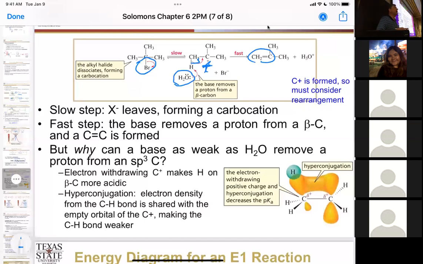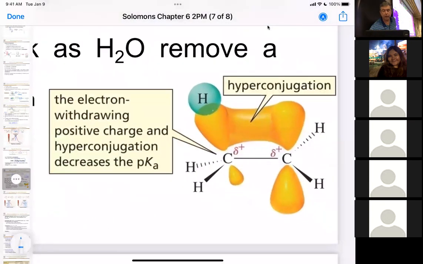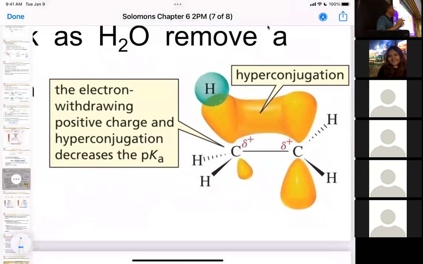When that carbocation forms, that makes the beta hydrogens more acidic, so they can be pulled off with weaker and weaker bases. Now you're thinking, wait, how are we forming the double bond with the electrons next to that carbocation? Well, remember when we had our carbocation, that it was hyperconjugated, stabilized by having that bond between the hydrogen and the carbon.